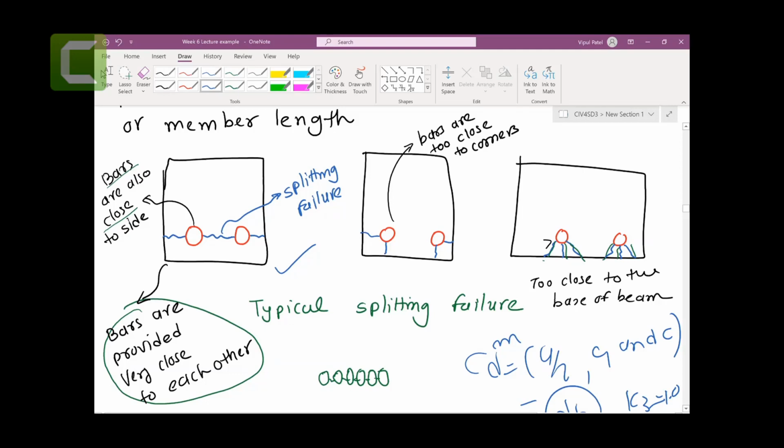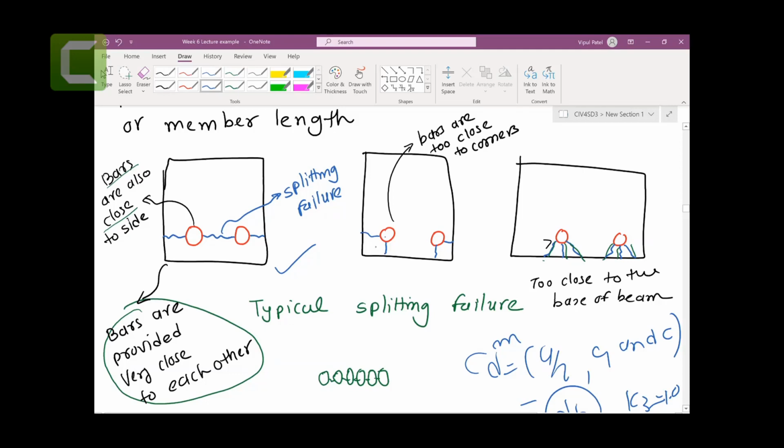The splitting, you can see the concrete between the two bars will split. So the standards don't want you to put the bars very close to each other, and they give us some mathematical restrictions that stop us from putting the bars close to each other. So that is the first thing that we want to stop.